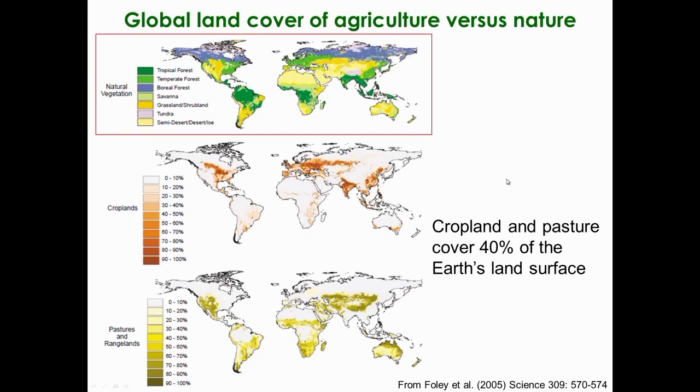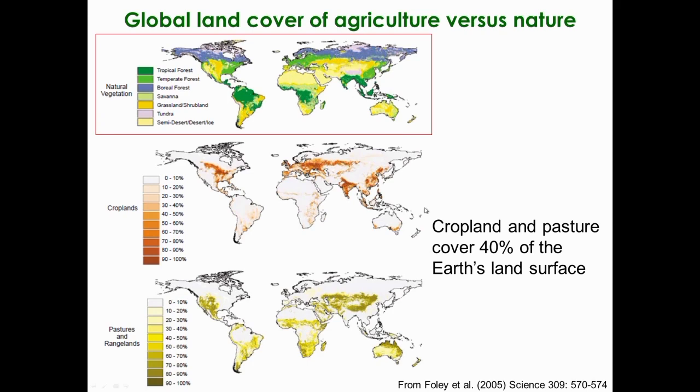And then in these two maps below, we're showing you first the croplands. So these are the arable lands where we're cultivating our crops like wheat or rice, etc. And then this bottom graph is showing the pasture lands and the rangelands where we're cultivating cattle and animals for various uses.